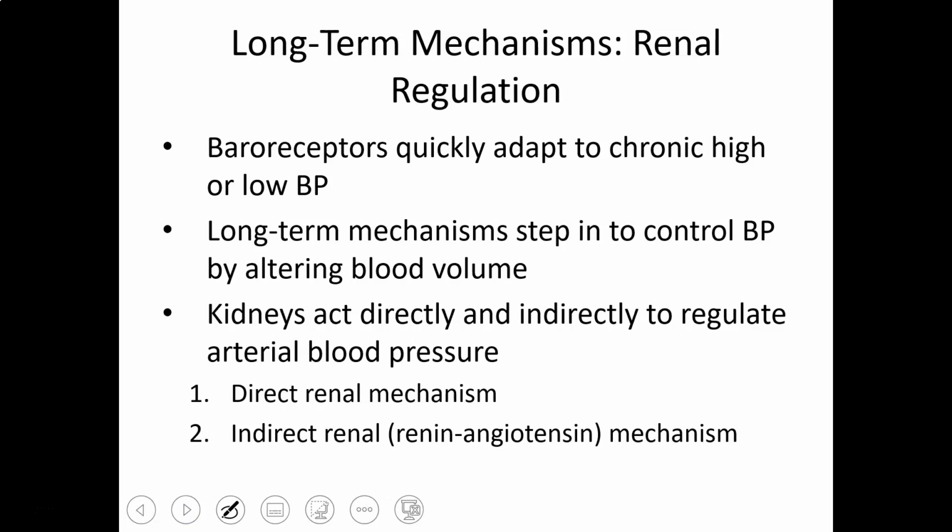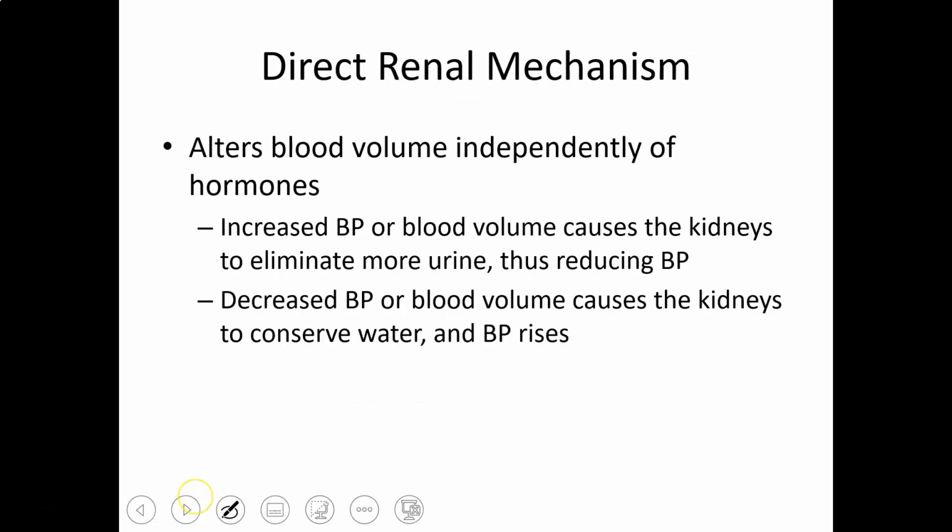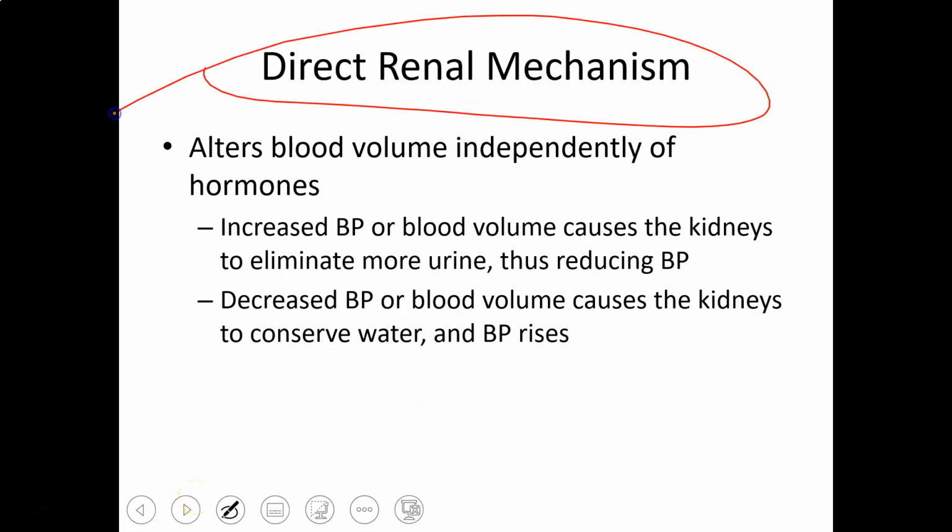All right. So those short-term things you adapt to very quickly. So it's the kidney's job to manage this. Now, in its management, there are two things going on here. One is very simple. It's called the direct renal mechanism. Screw hormones and all this heart crap.